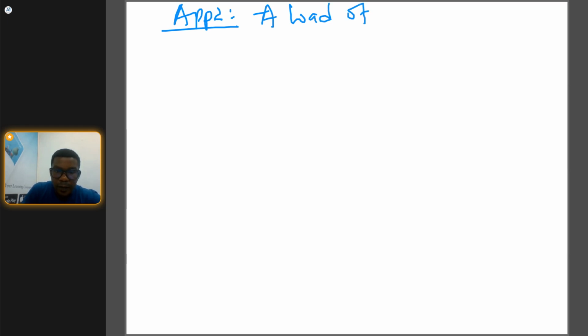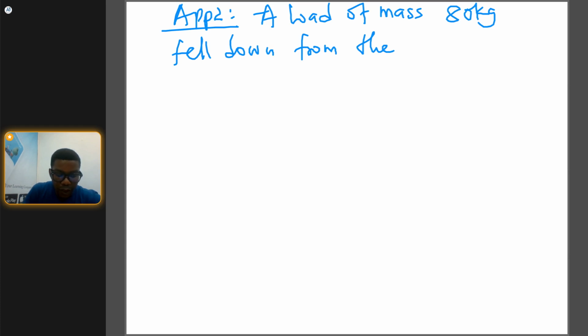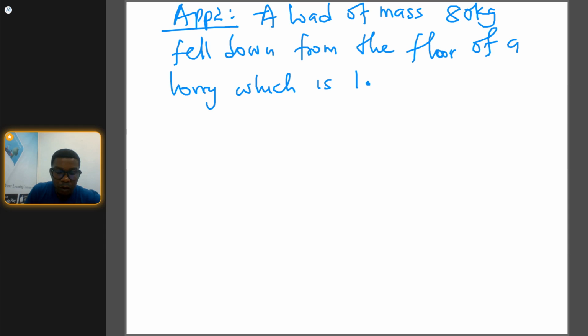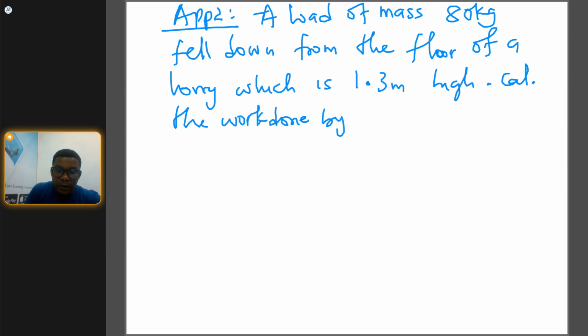A load of mass 80 kilogram fell down from the floor of a lorry, which is 1.3 meter high. Calculate the work done by gravity.